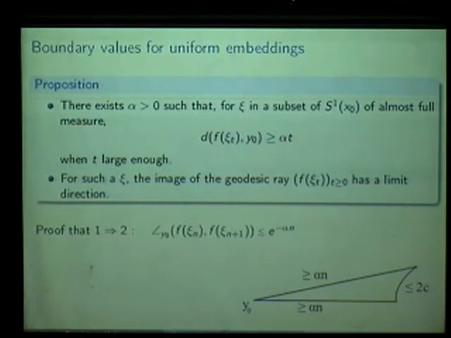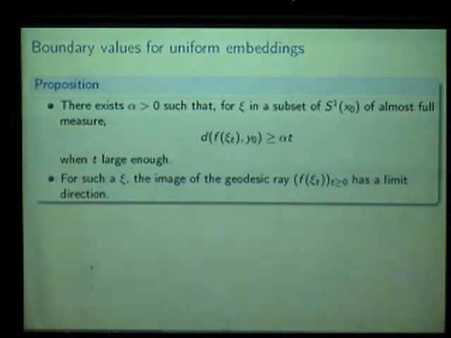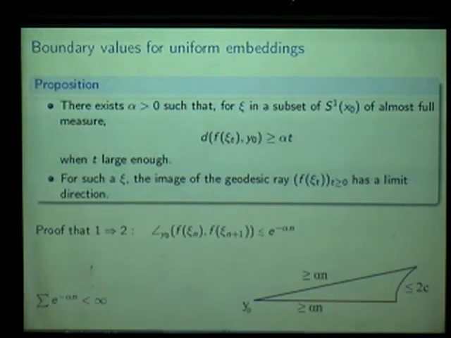They are far away from y naught when n is large, at distance at least alpha n, while the distance between these 2 points, since f is C-Lipschitz, is less than a constant. So then the angle here is basically e to the minus alpha n. And what is nice is that this is a convergent series. So the difference of the angles is a convergent series, so the angle converges.